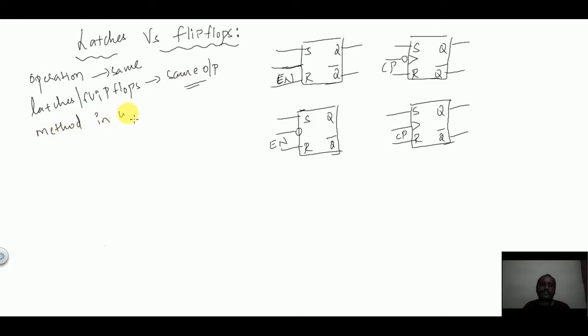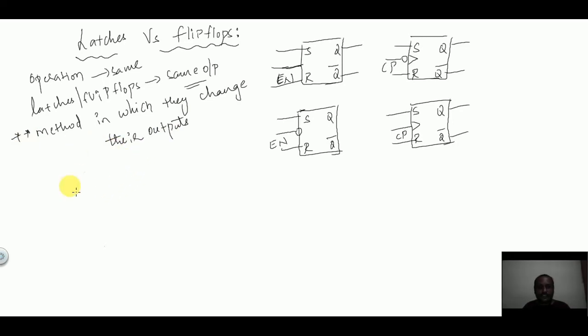The difference is in the method in which they change their outputs. This is the basic difference between latches and flip-flops.